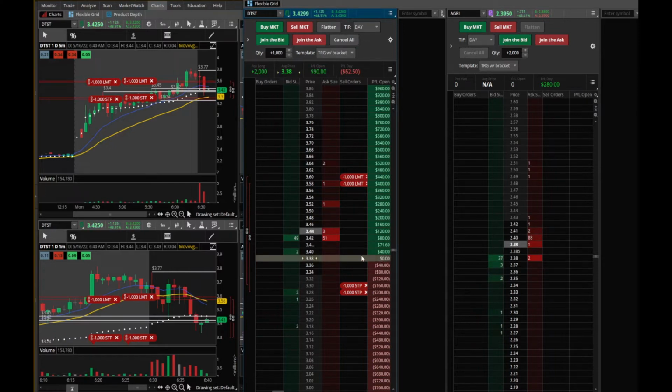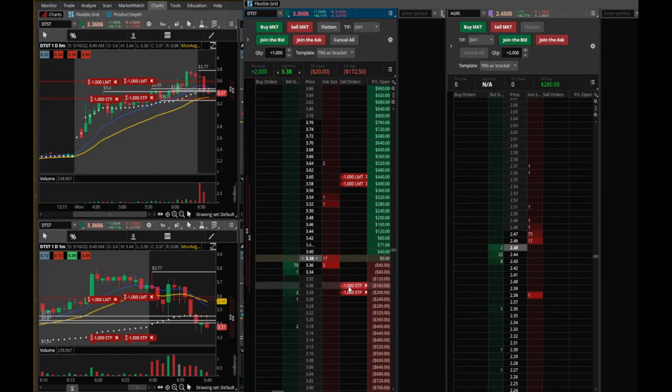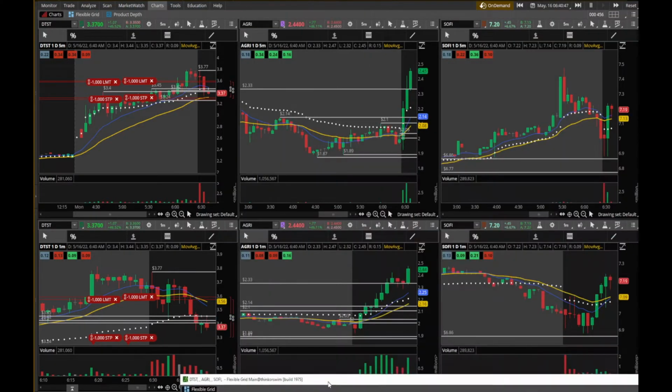Sell part of it there. AGRI. Looking good.